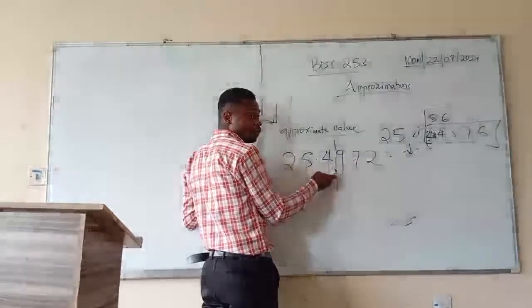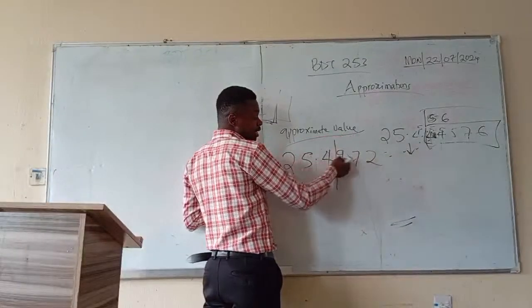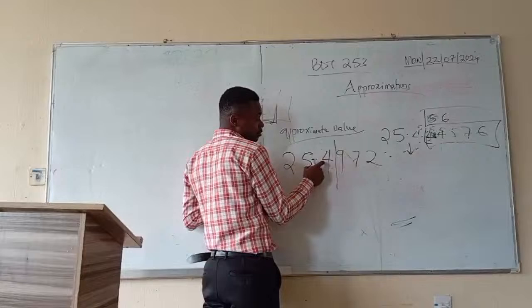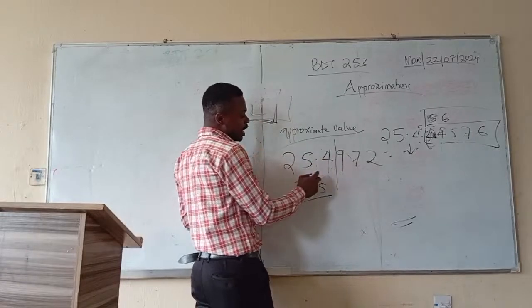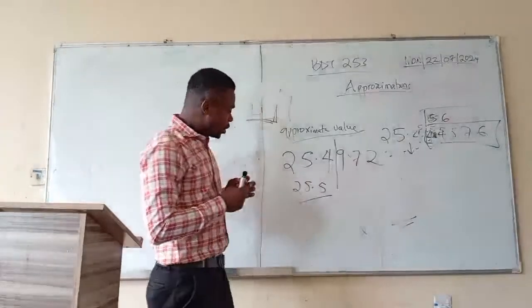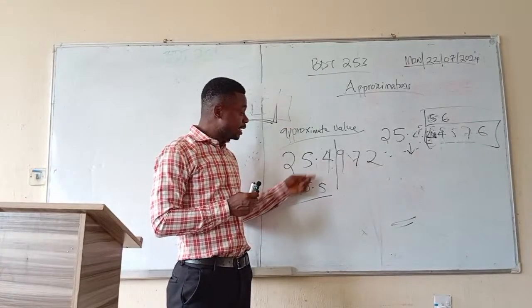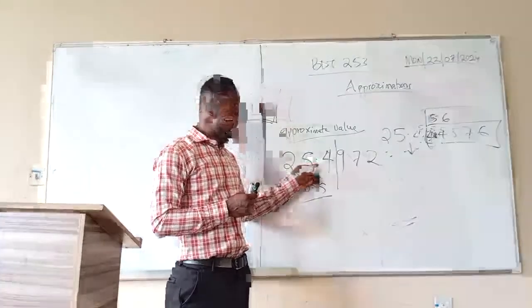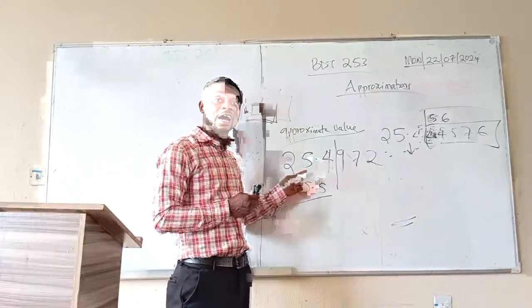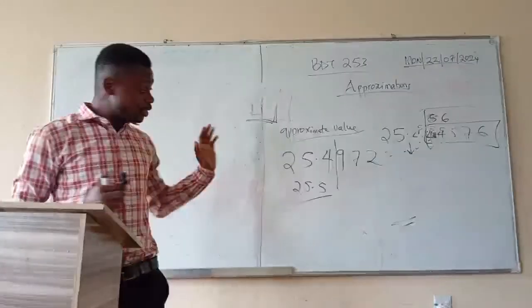So because it is up to 5, you zero everything here, then add one here, and you have 25.5. This number here is greater than this number, so in that case you have rounded up. Any question here?